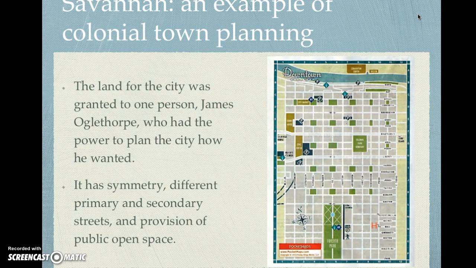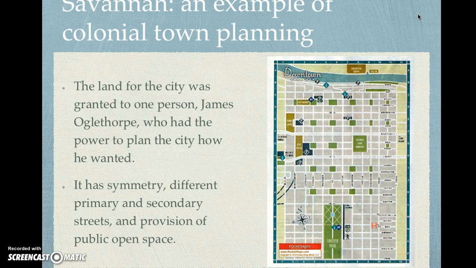You can see things in it where it has symmetry. This is a nice rectangle, it's symmetrical. You've got different primary and secondary streets, which means you can see the big main thoroughfares, the big busy streets, as opposed to the smaller streets. And the provision of public open space, these are the parks.